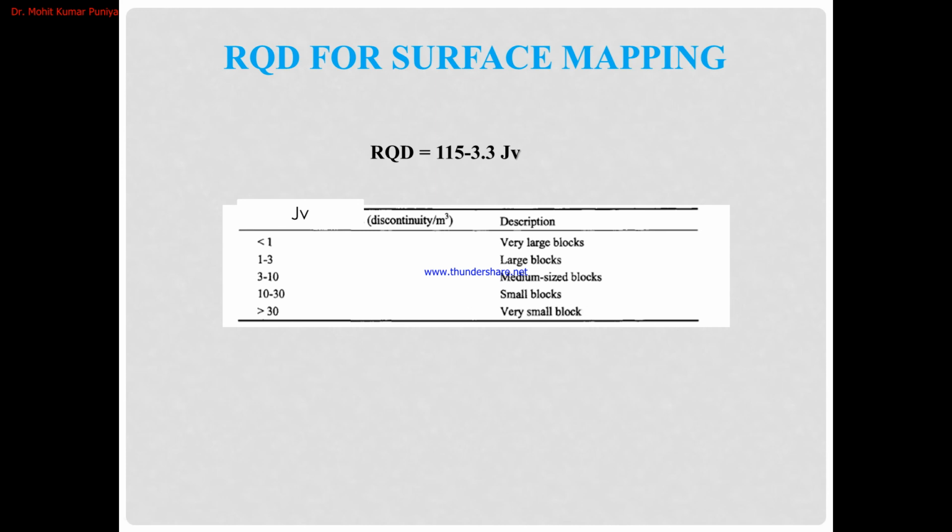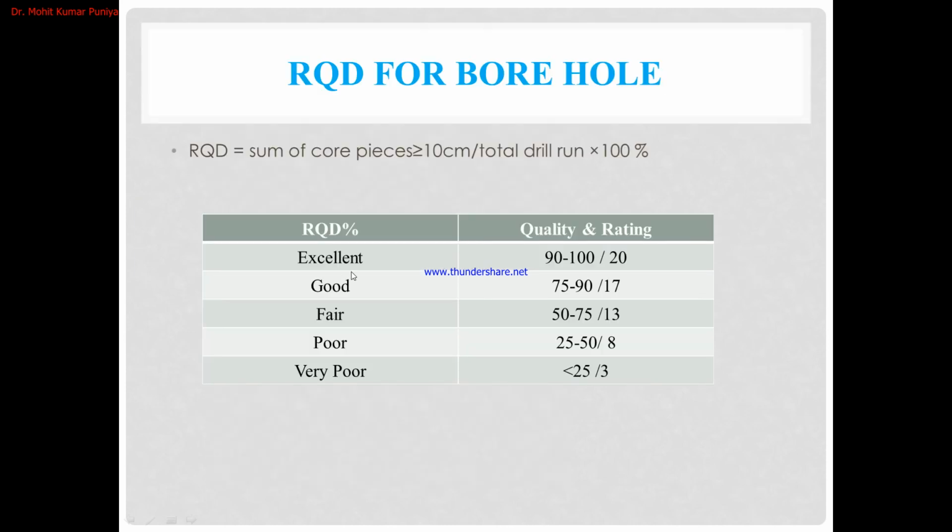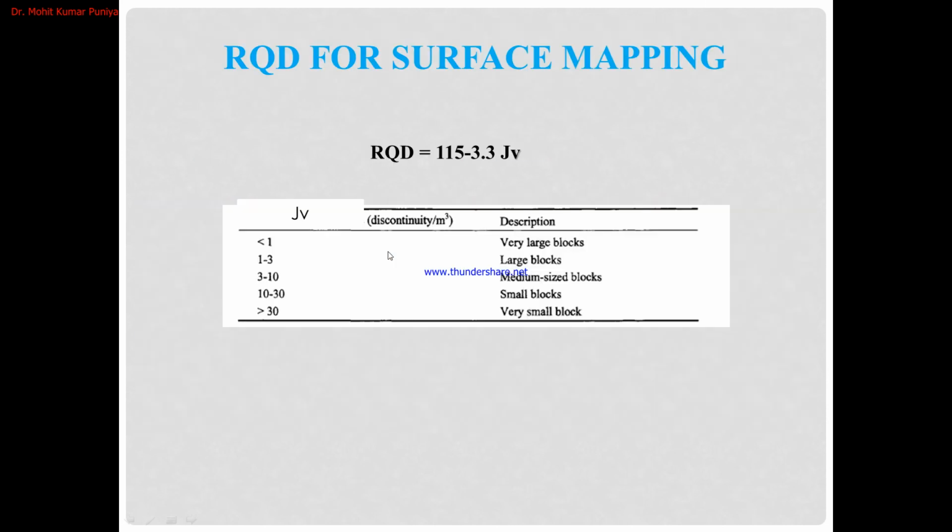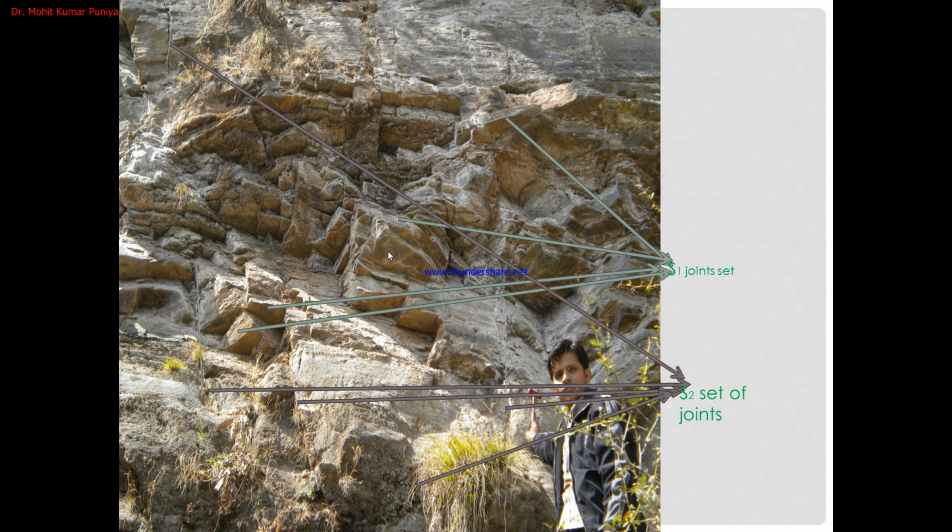That's why we calculate the Jv here. We put the value of the number of joints per unit volume here and can classify the rock according to this classification into 5 classes. This is the secondary method, and it is very useful.